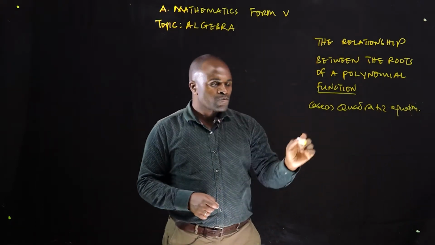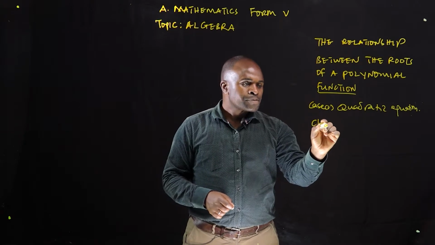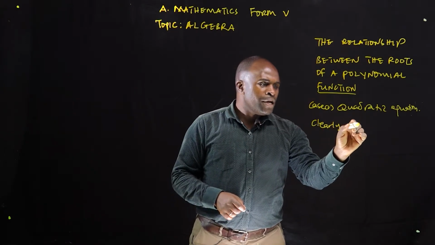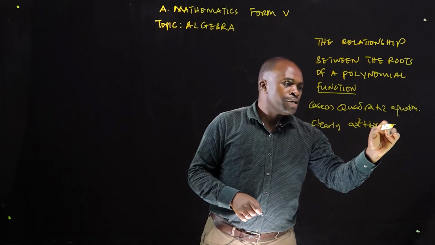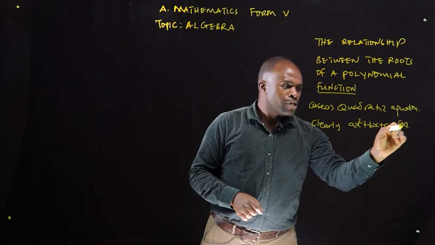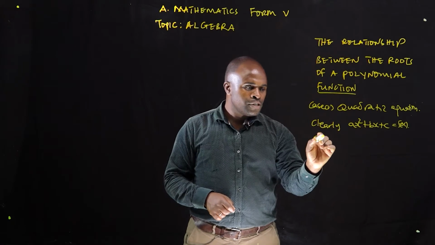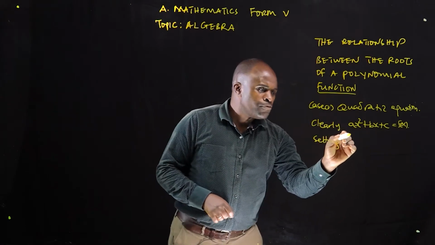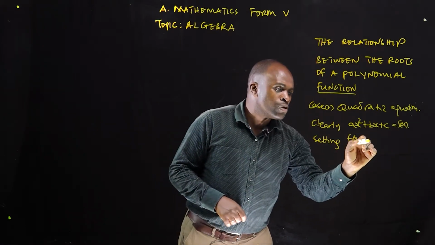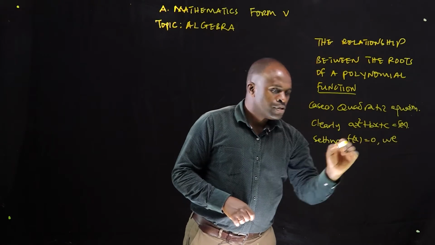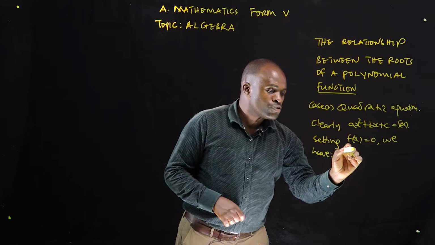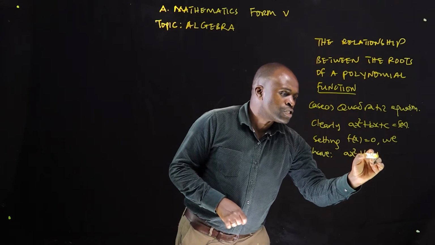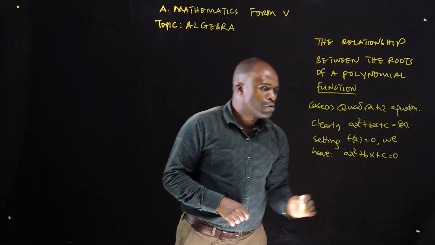We say clearly, when given ax squared plus bx plus c equals f of x, setting f of x equals to 0, we have ax squared plus bx plus c equals 0.